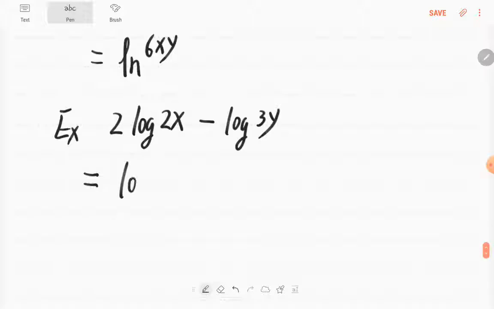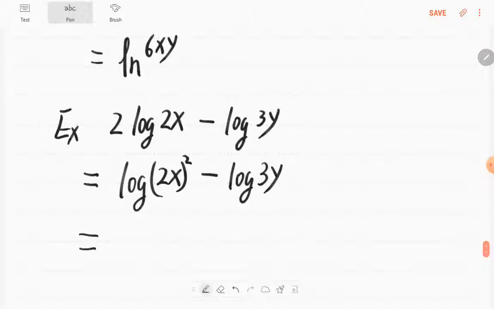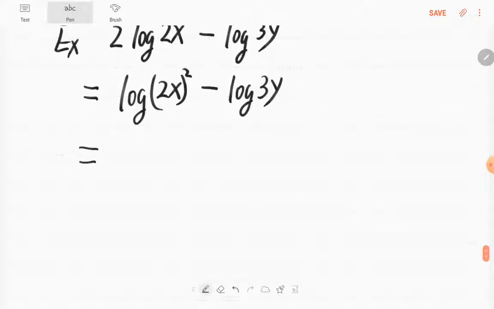So it would be the log of 2x, the whole thing squared, minus log 3y. Then these two have the same base, so you can combine these two logarithms. So this is 2x squared, which equals 4x squared divided by 3y. Yes, that's it.